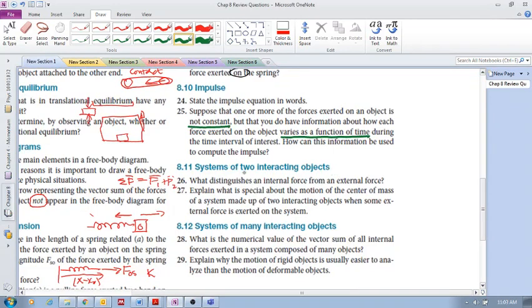System of two interacting objects. What distinguishes an internal force from an external force? Okay, so this depends on how you've defined your system.